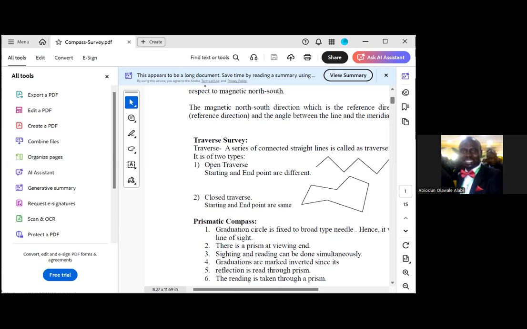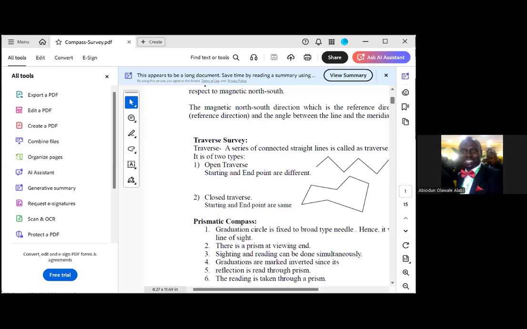Okay. So the vertical distance is also the height or the elevation. All right. So these are some of the measurements we carry out in surveying or geomatics.